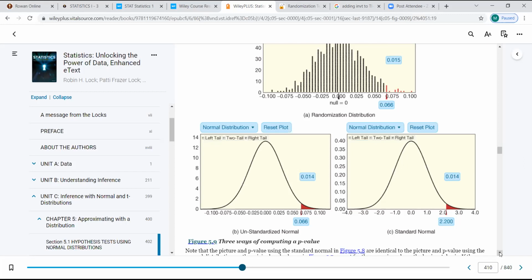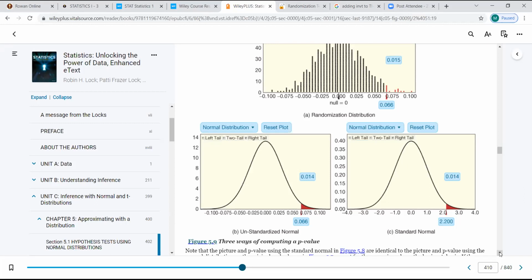Now, if alpha in this case was 5%, 0.0139 is less than 0.05, and therefore we would reject the null hypothesis. And that would support the claim in this case that a greater proportion of the flies survive if they eat organic potatoes as opposed to not eating organic potatoes.